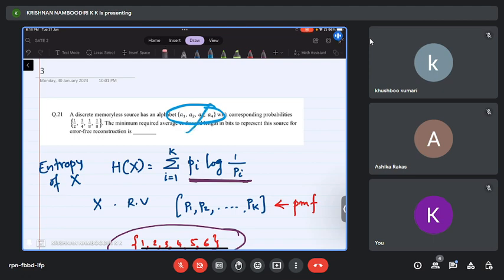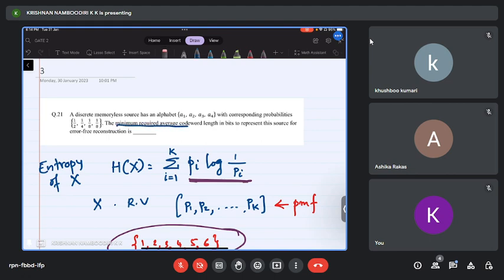Now the question is: the minimum required average code word length in bits to represent this source for error-free reconstruction. This may sound unfamiliar, but this is in fact the physical definition of entropy. If you want to represent a source, entropy is the minimum required average code word length in bits to represent that source, for error-free reconstruction.